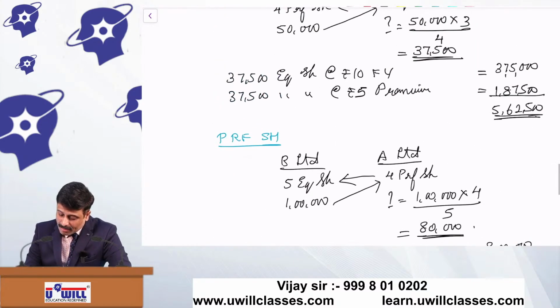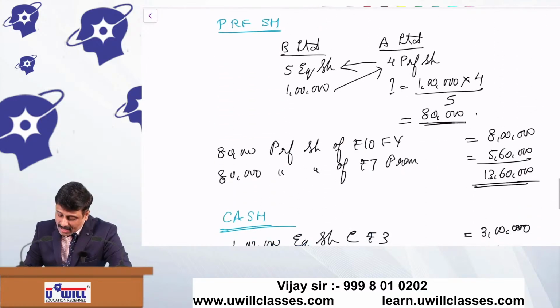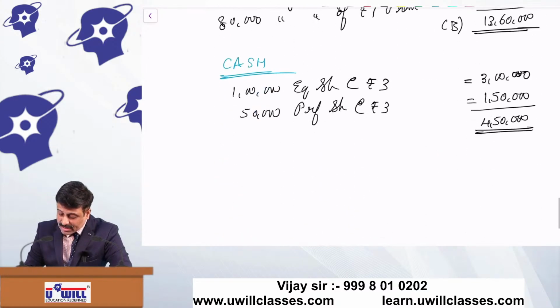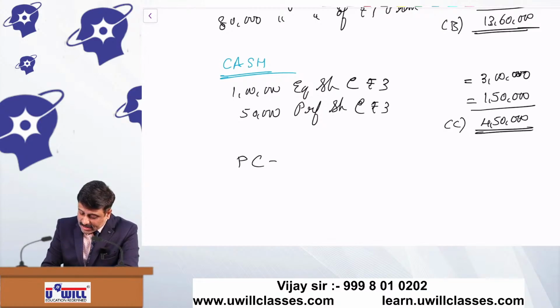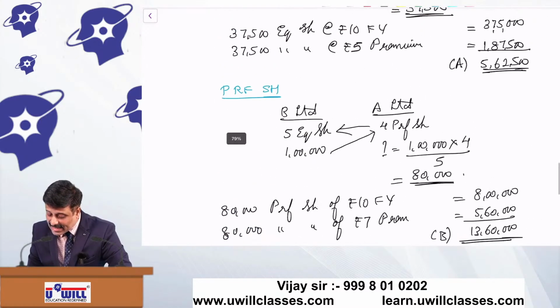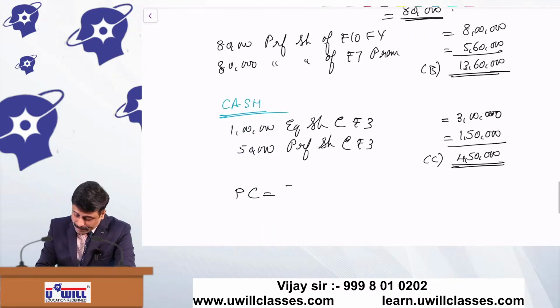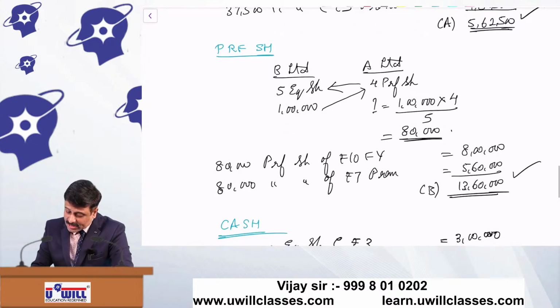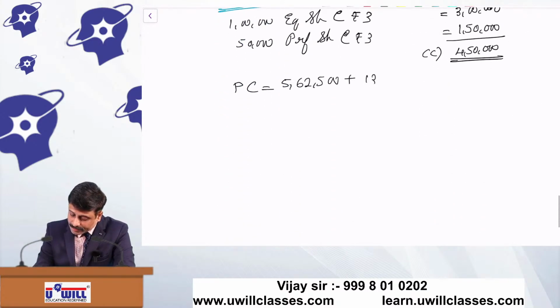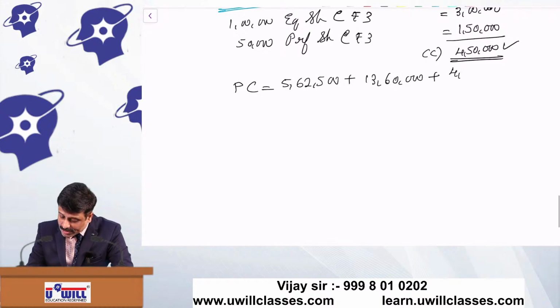So the total payment that will go in terms of cash is 4,50,000. Now if you add the three amounts, this A amount which is going to go in terms of equity shares, this B amount which is going to go in terms of preference shares, and C amount which will go in terms of cash, then the total purchase consideration will be equal to 5,62,500 plus 5,62,500 plus 13,60,000 plus 4,50,000.